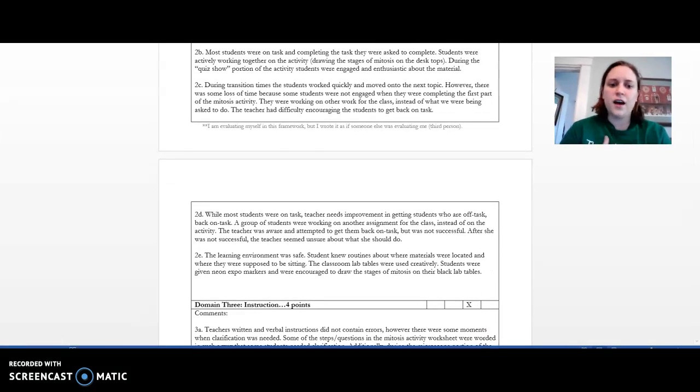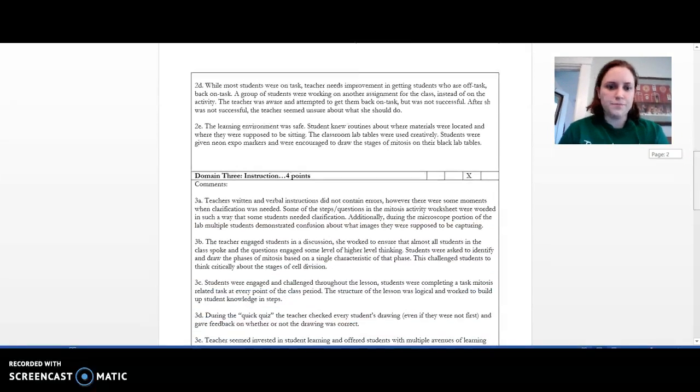My only issue I encountered was there was one group who was not engaging in the original activity, and after pointing out to them that I noticed they weren't engaging, I was asking them what they were doing. After they didn't respond to that and start working, I was really unsure of what to do. So I gave myself a proficient because I was unsure of how to handle student defiance, and that's something that I'd like to work on.